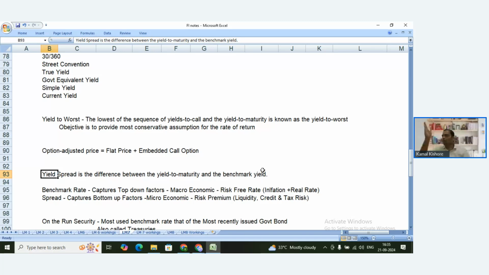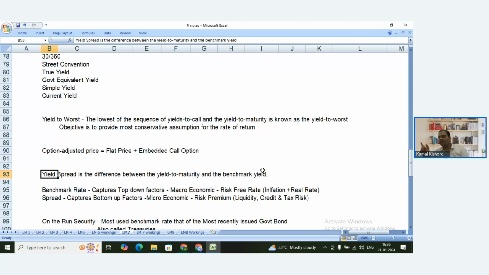Now your risk-free rate, or the basic rate, is made up of what? Your general interest rates are made up of what? Not risk premium. Inflation. Economics. So we went to portfolio management, into equity, and now we are going to economics.